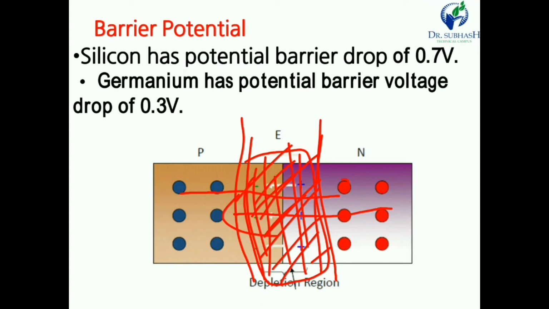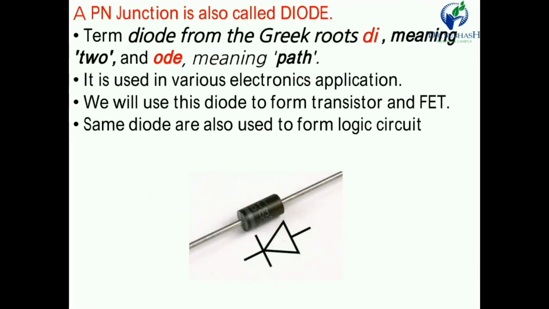If our diode is made of silicon, then 0.7 volt is required. If our diode is germanium, then 0.3 volt is required. We can say simply that a minimum of 0.7 volt is required for a silicon diode to turn on, which means it allows current to pass through it.